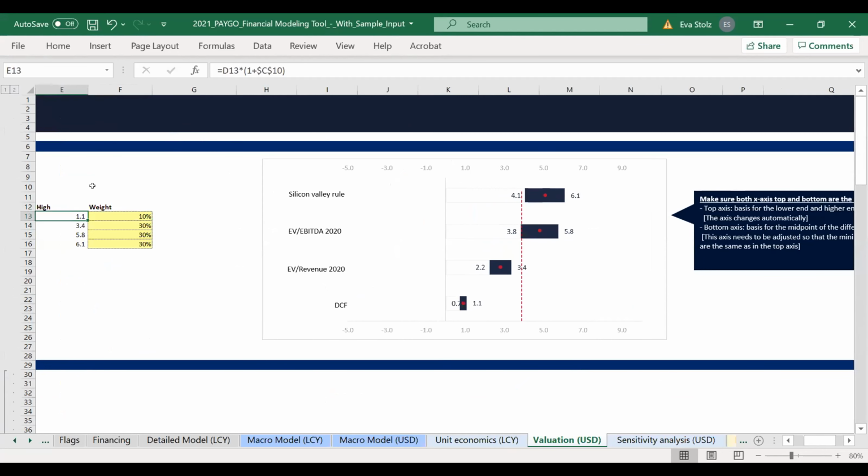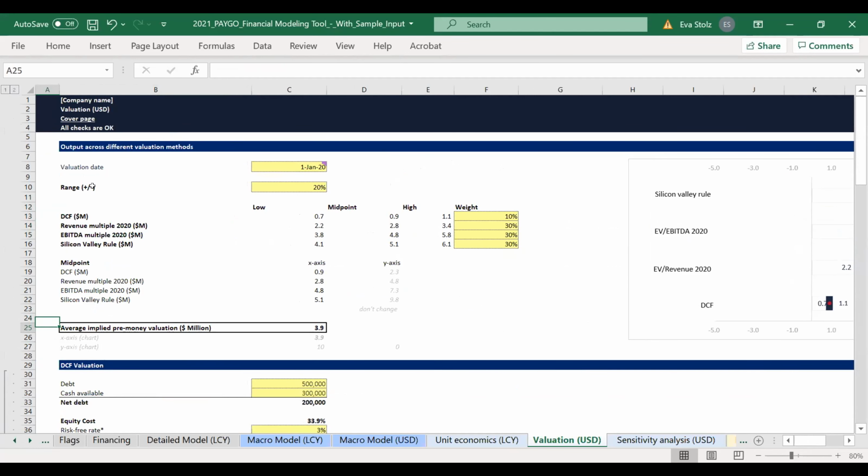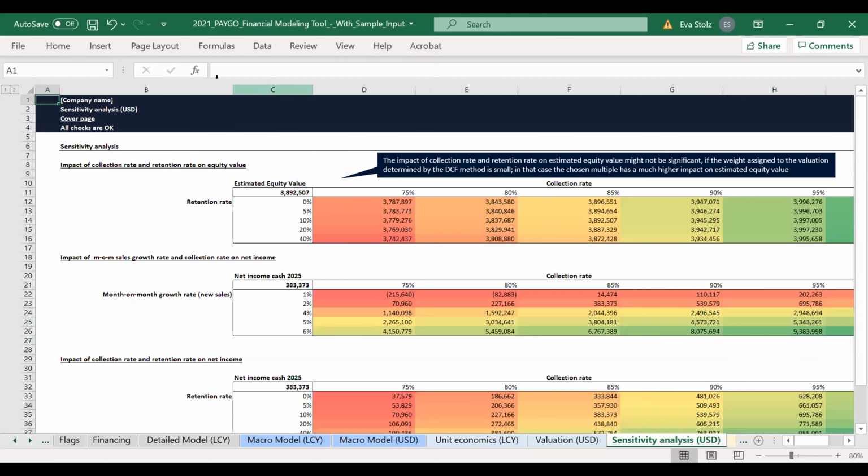And then it calculates the average valuation, the average implied pre-money valuation, basically. And as said, there is not one right method to value a company. This is more to show what the different methods are, and also to sense check whether the valuation falls within a reasonable range.